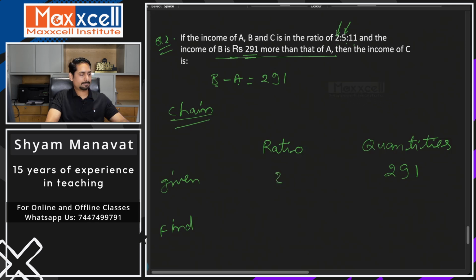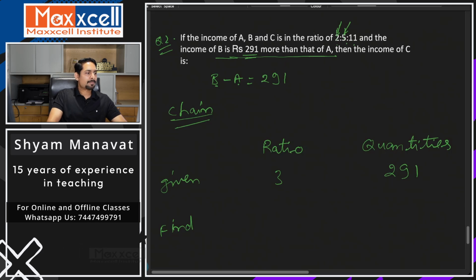So the ABC ratio is 2, 5, 11. The portion for A is 2, the portion of B is 5, the portion of C is 11. The difference of the portions of B and A is 5 minus 2, which is 3.